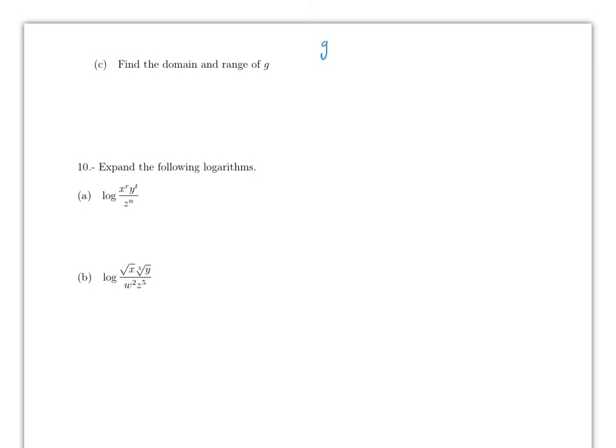Now remember that g equals x plus 4 over 5x plus 2. Therefore, if you want to find the domain, all you have to worry about is to make sure you don't divide by 0. So for the domain, we have 5x plus 2 equals 0.